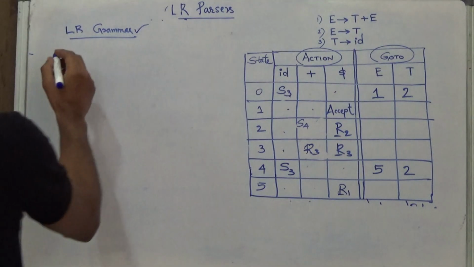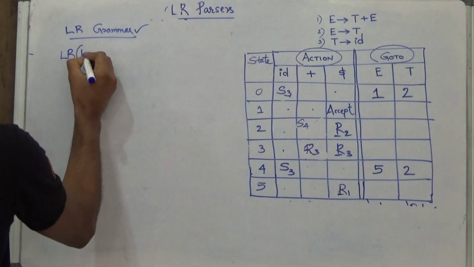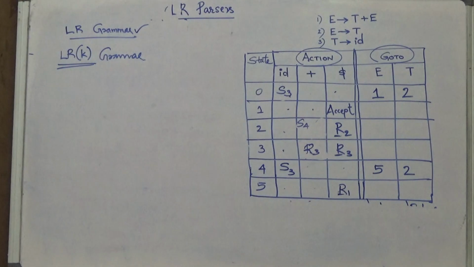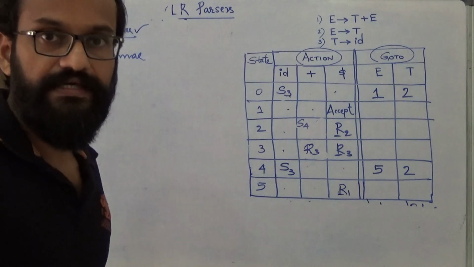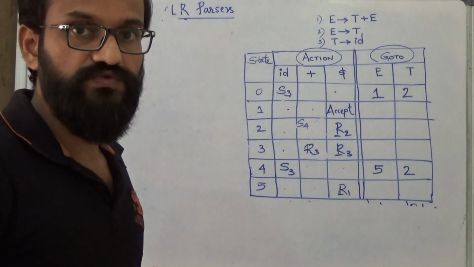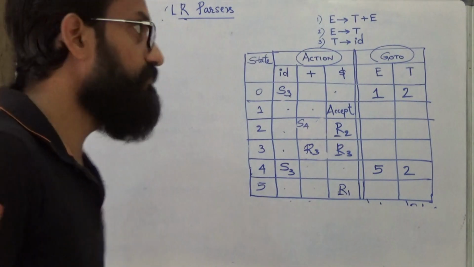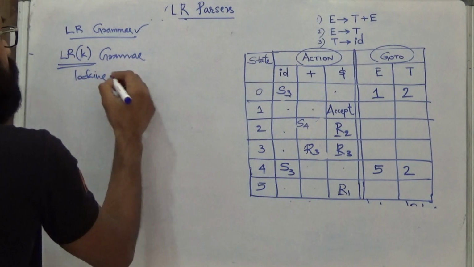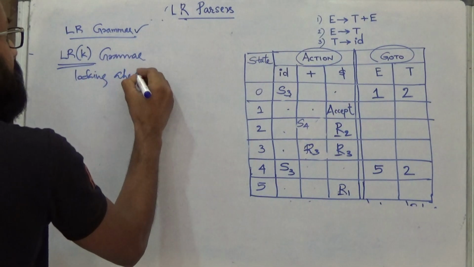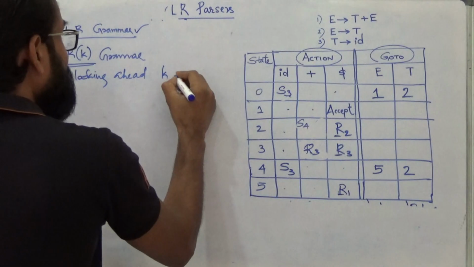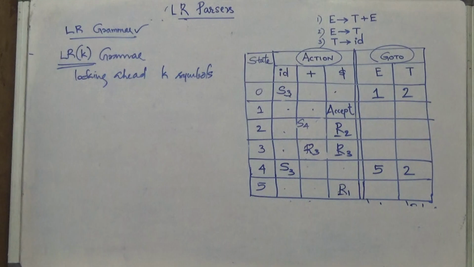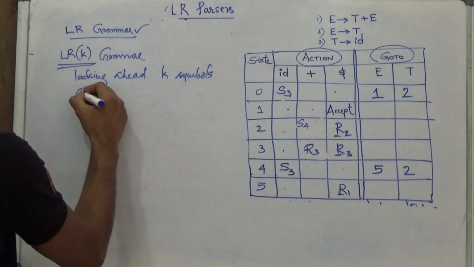Now generally you can have LRK grammar. So what do you mean by LRK grammar? The grammar that can be parsed using an LR parser by looking ahead K symbols, K input symbols at each move.